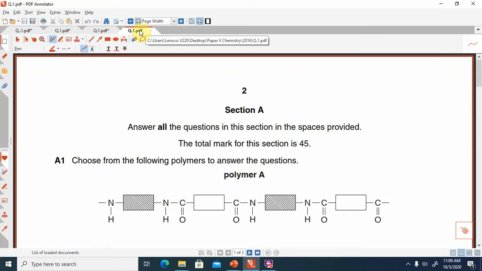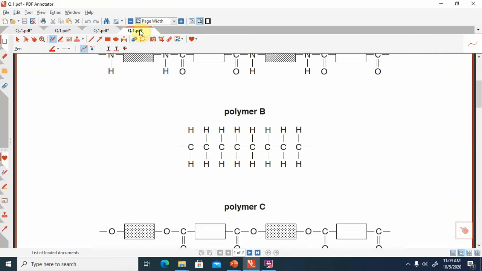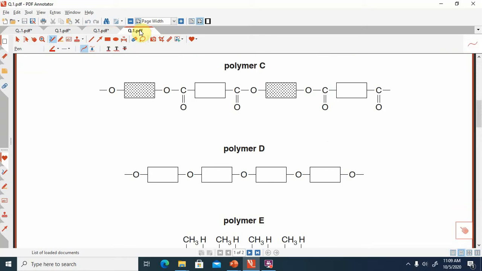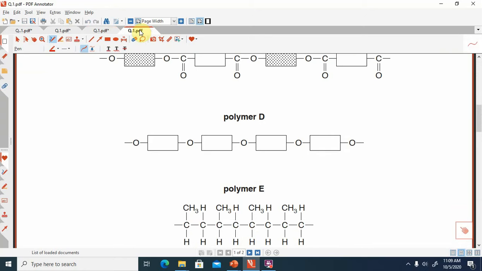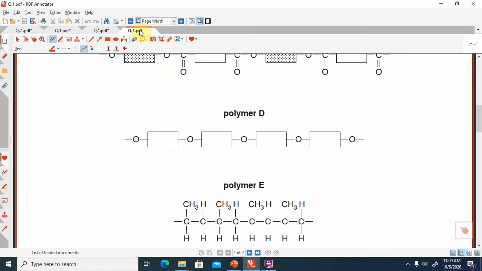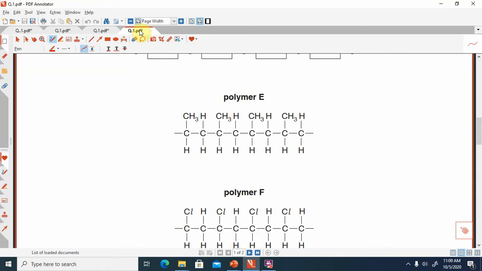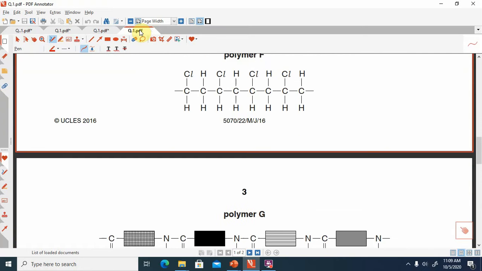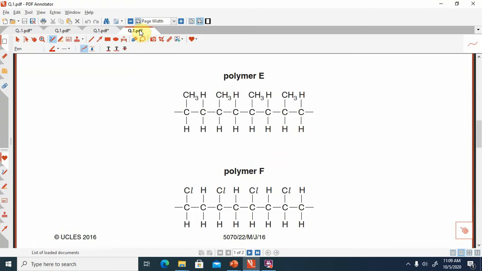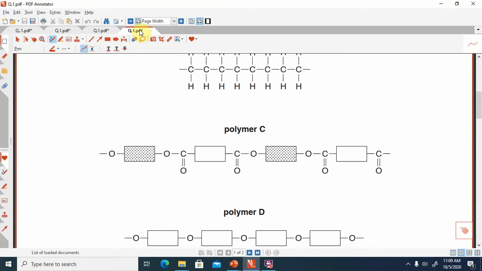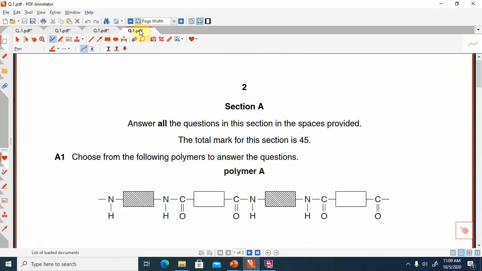So now we are moving towards the last, that is of the year 2016. This is the question of 2016. Now we are solving this question.